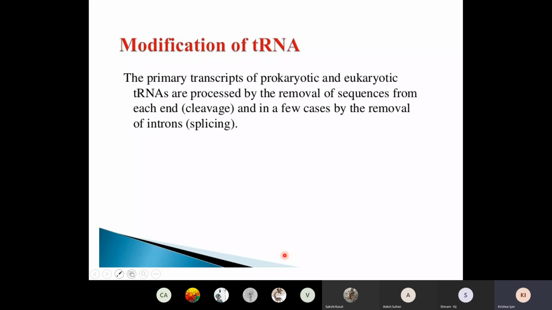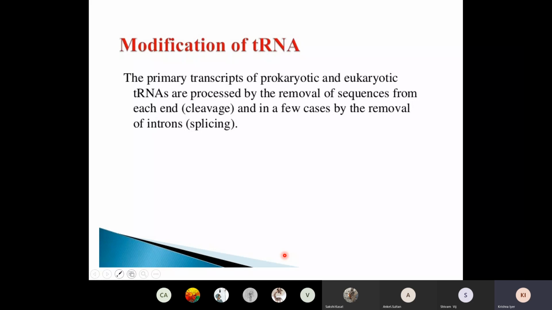But what you see is that modifications which occur in prokaryotes occur only at the level of tRNA and rRNA and not mRNA. While in eukaryotes, after transcription, modification occurs at the level of tRNA, rRNA, as well as mRNA.